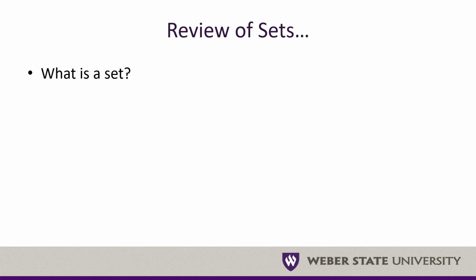Let's talk about our sets now. What is a set? I'll give you the first word, or two words. A collection of unique items. The unique things and repeats, we just have to make sure that there's only one of each thing. So in the set of integers, we don't have two twos.